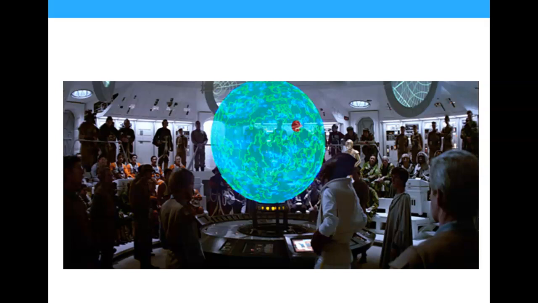There is always a moment in any Star Wars movie where the leaders, the planetary leaders, or the pilots, or whoever is in the middle of this action gather and they look at some kind of map, whether it's the plans for the Death Star or some kind of galactic map or whatever, and they're all around it and everyone's focused on this thing in the middle of the room.